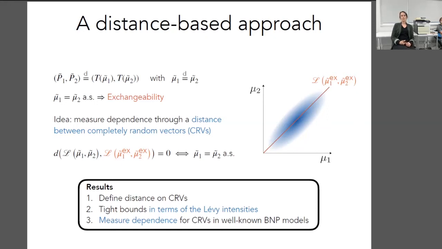Then, since we wanted to compute this distance in practice, we found tight bounds of the distance in terms of the Lévy intensities of these completely random vectors, since, as we said, in practice, when you want to specify the law of a completely random vector, you're only given the expression of the Lévy intensity. And finally, we use these bounds to measure dependence for well-known models in the Bayesian non-parametric literature that are built on completely random vectors.